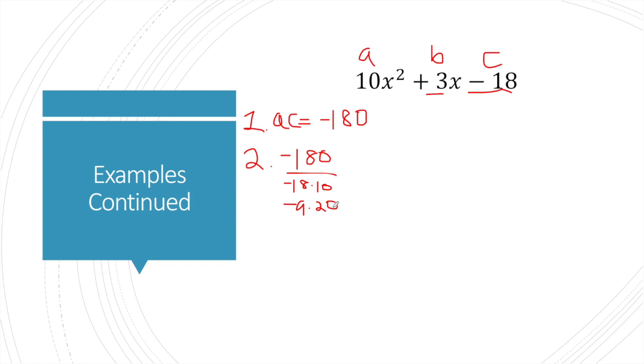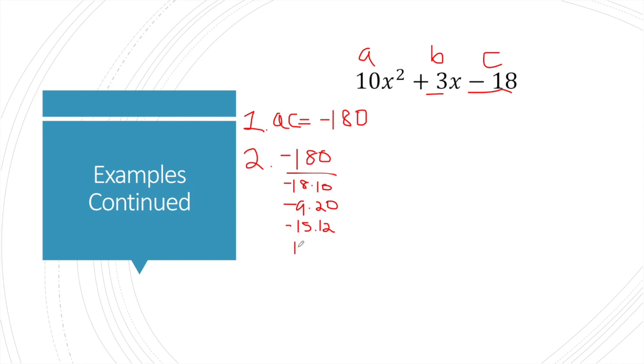Negative 9 plus 20, that's going to give us positive 11, still not 3. How about negative 15 and 12? Well, negative 15 plus 12 gives us a negative 3. That's really close, but we need a positive 3.